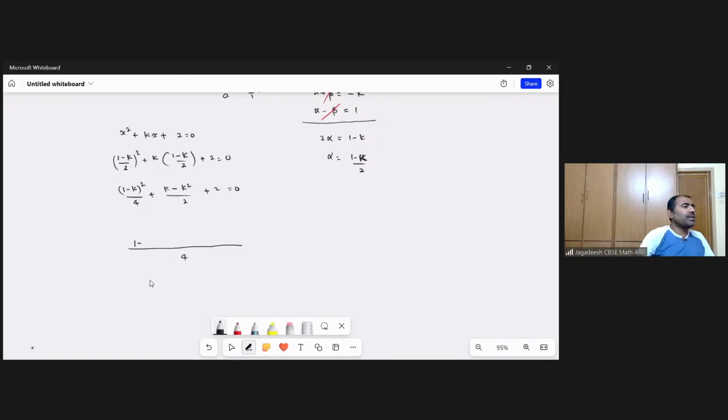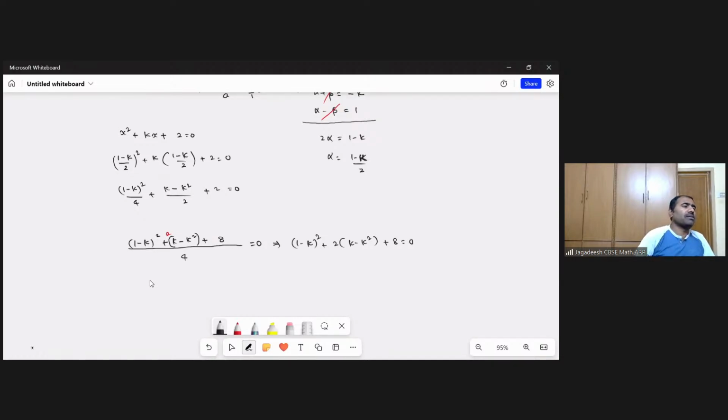Then in the numerator we get (1 minus k) whole square plus 2 times (k minus k square) plus 4 into 2, that is 8, equal to 0. If you send 4 to the opposite side, it goes into multiplication. So finally we get (1 minus k) whole square plus 2 times (k minus k square) plus 8 equal to 0.